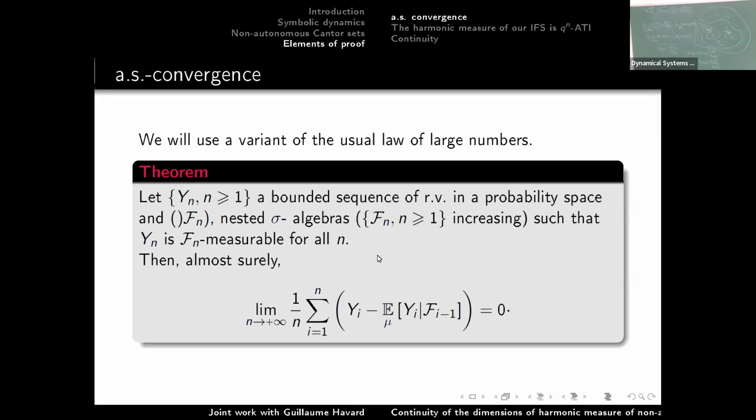So this guy here is a sum of random variables, and if you look at it very well, these are sums of random variables whose expectation we take with respect to the previous relation. Okay? Now, okay, let me see.